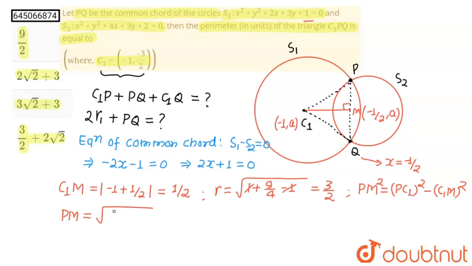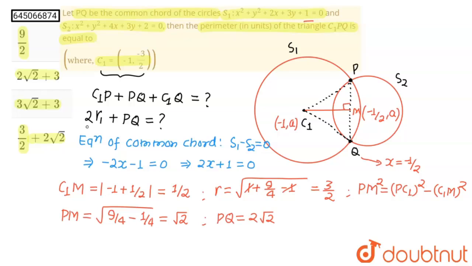So 3 upon 2 square is 9 upon 4, minus C1M is 1 upon 2, so this will become 1 upon 4. This will become 9 upon 4 minus 1 upon 4, 8 upon 4, that will be 2. And this will be square root 2. So PM is square root 2, which means that PQ will be equal to 2 times square root 2.